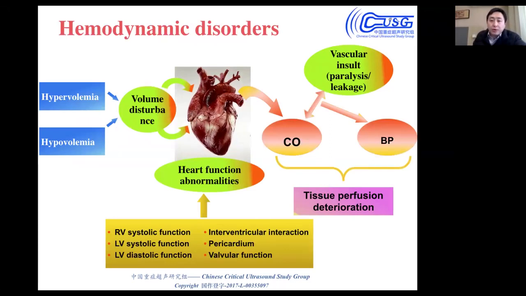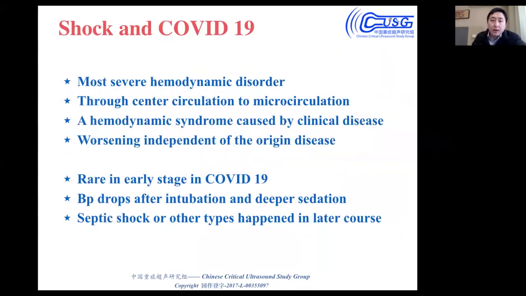Now we'll go to another hemodynamic disorder, that is tissue perfusion deterioration. Shock. Shock is a severe hemodynamic disorder that happens in critically ill patients and is commonly seen in COVID-19 patients in the later stage in the intensive care unit.